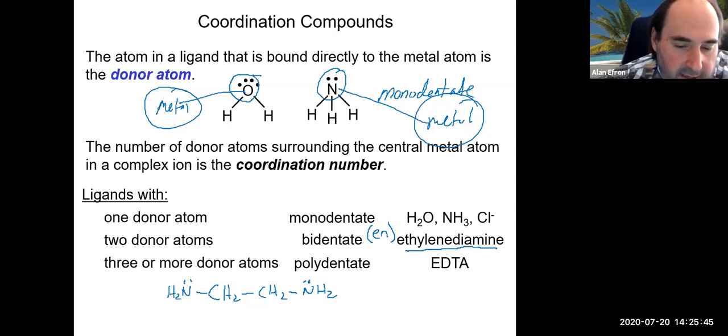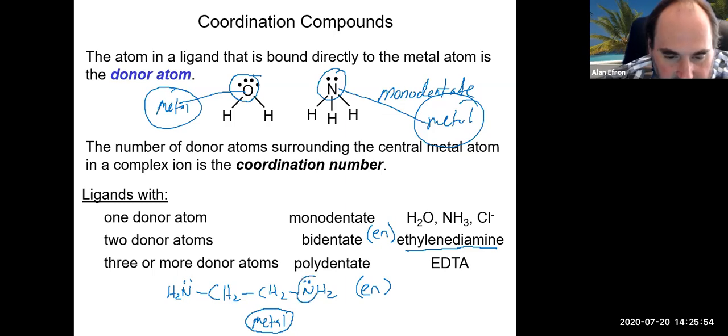And for every one of these en molecules, if you have a metal, this nitrogen on one side will bind to it, and the nitrogen on the other side will also bind to it as well.